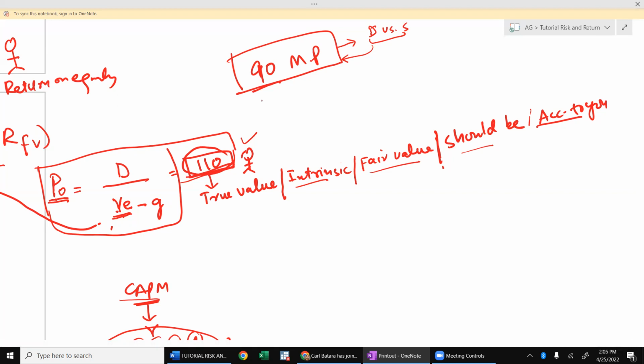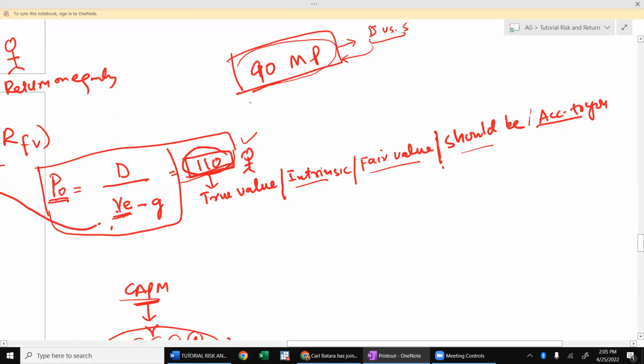Undervalued, very good. Undervalued means that this stock is trading at a lower price than it should be, at 110.